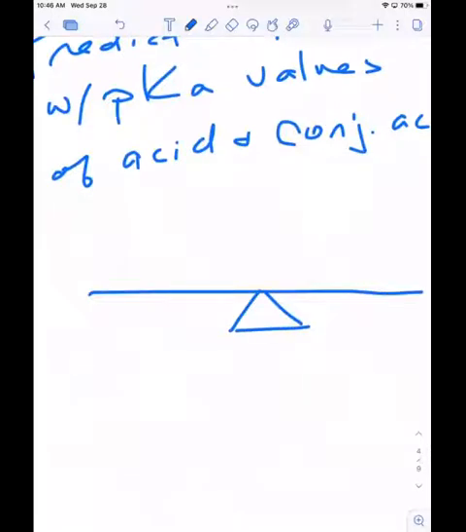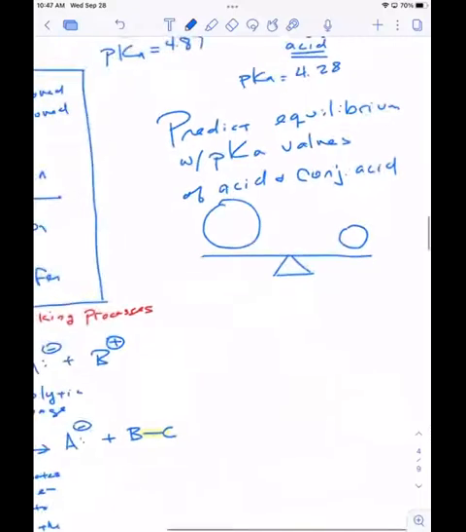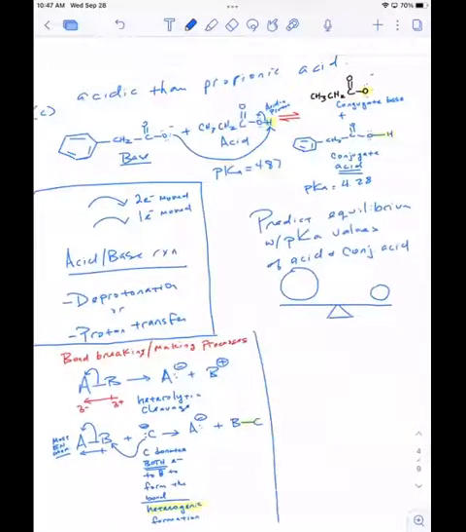If you put something big on one side and something small on the other side, which way is that seesaw going to tilt? Is it going to tilt toward the larger, heavier mass or the smaller mass? The heavier mass. Heavier, right?